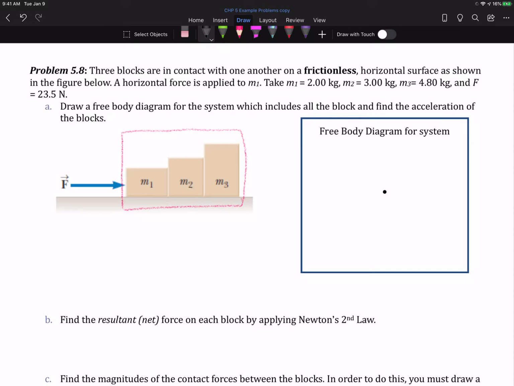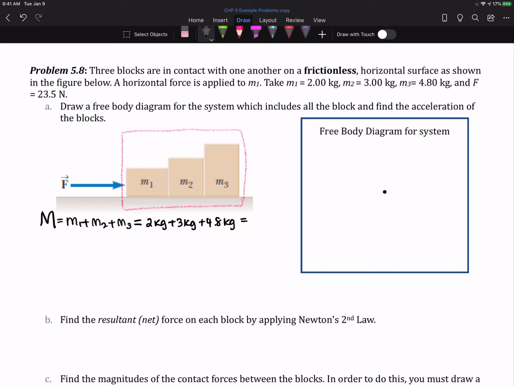So my system has a mass of m1 plus m2 plus m3. Right? All of those added together, which is just 2 kilograms plus 3 kilograms plus 4.8 kilograms.